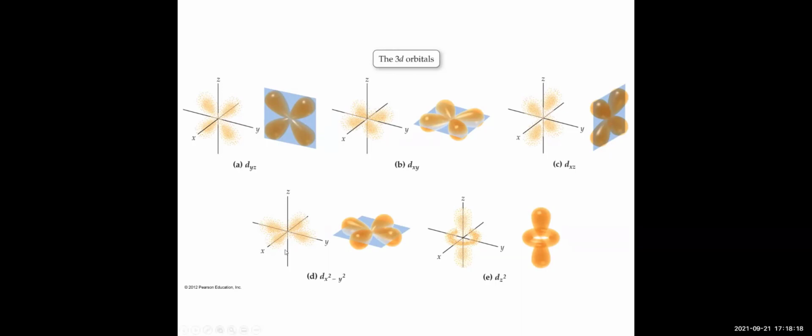We've got one that's basically on the YZ plane, one on the XY plane, one on the XZ plane, one that's also on the XY plane but right on the axes, and then one that's totally different. It looks like a p orbital surrounded by a donut. Again, these are all regions where the electron is allowed to be. It can technically be elsewhere as well, but this is where you're likely to find the electron.